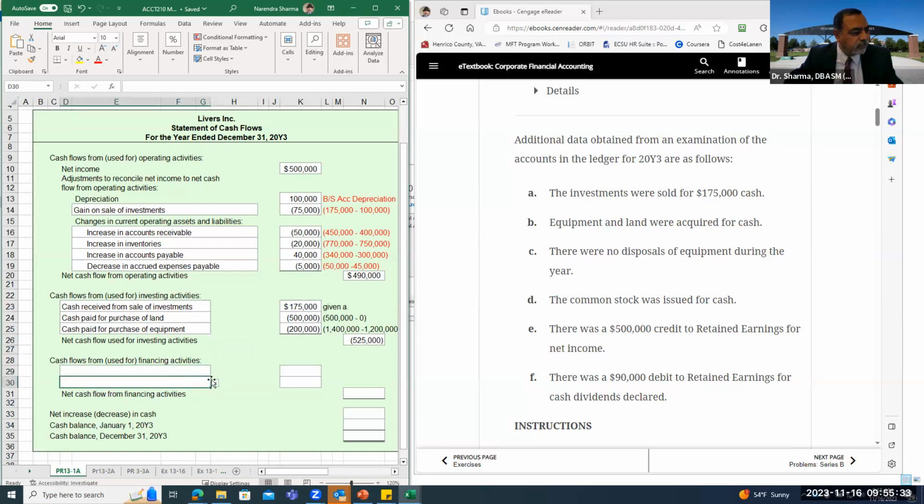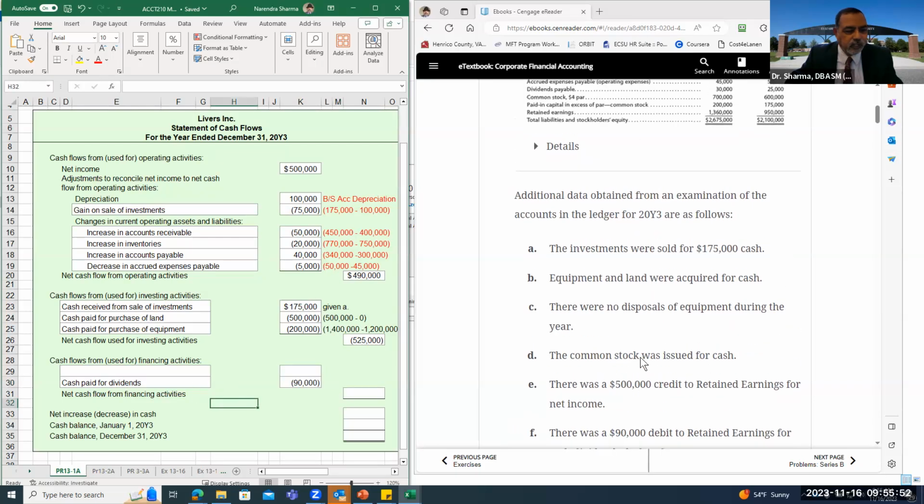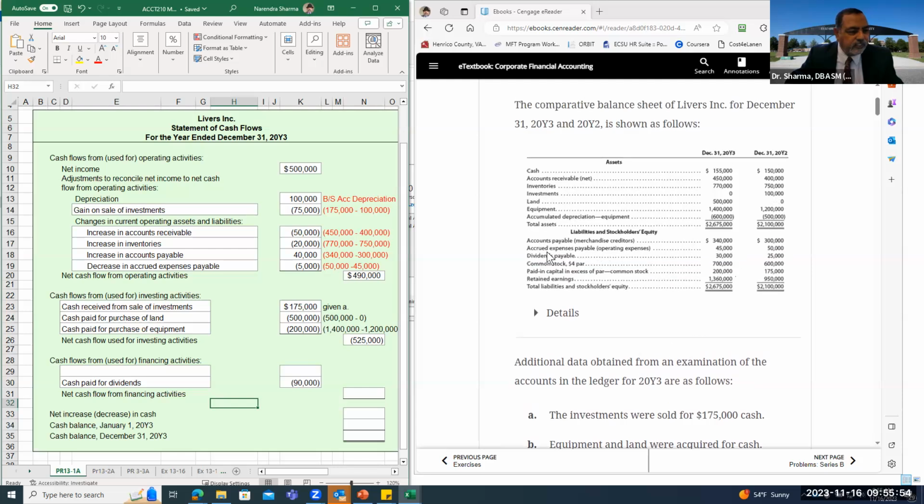That would be cash paid for dividend. So again, that will be minus 90,000, because it's a payment. And it is given, so we don't have to worry about that. Next thing that we are going to look at is the dividend payable, so that amount has to be adjusted.